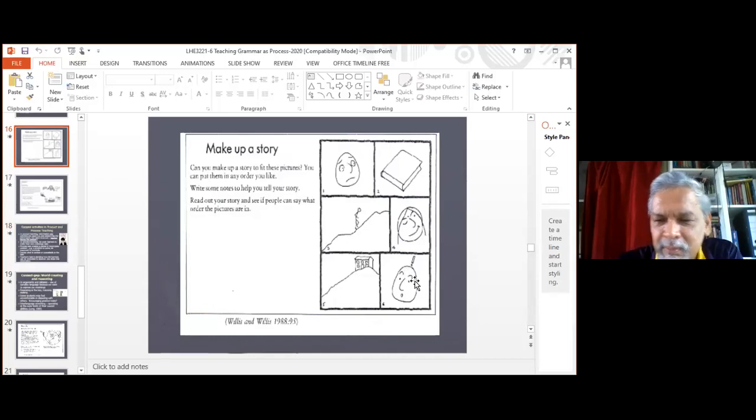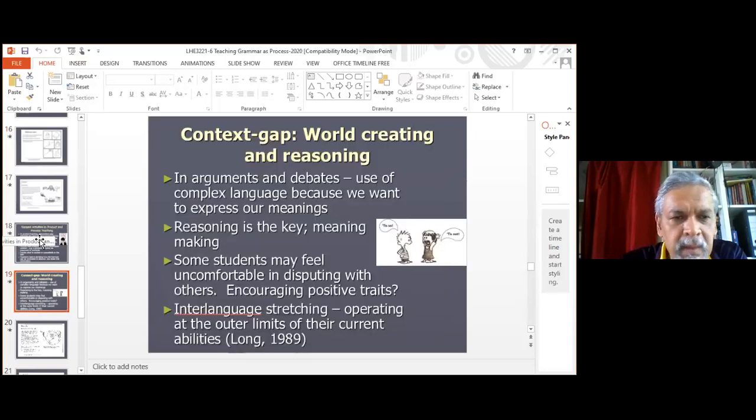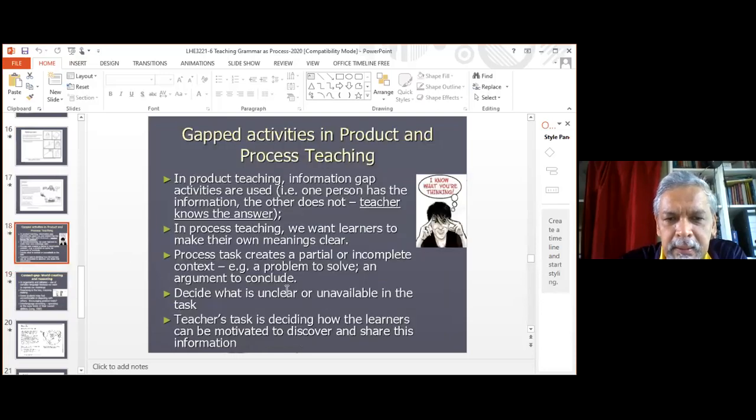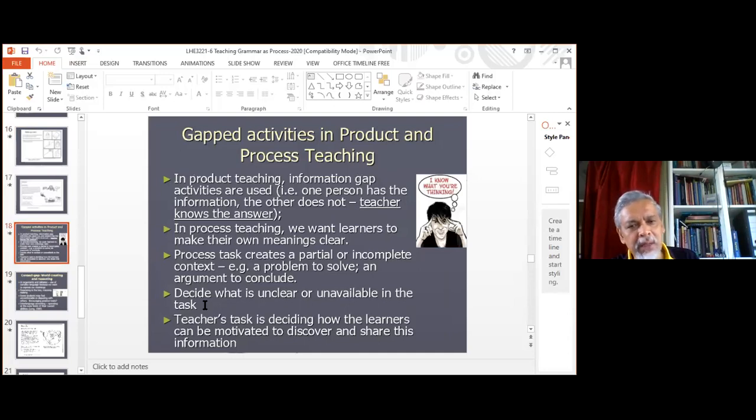It's not like you just let them go on their own. Here the teacher knows that these are the 6 pictures or drawings that the students have to use, but how the drawings are being used, the teacher does not know. So this is what the teacher has to do: decide on what exactly is unclear in the task, what is unavailable in the task.